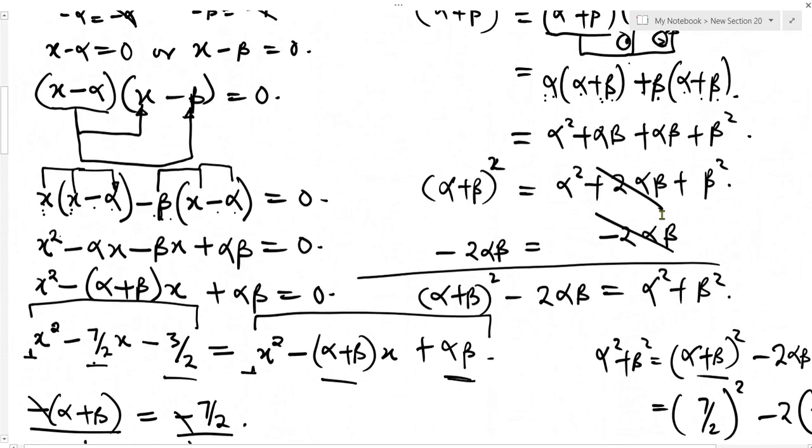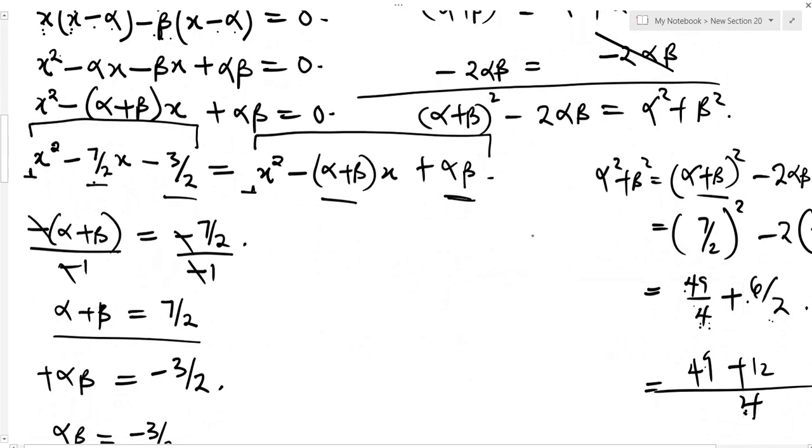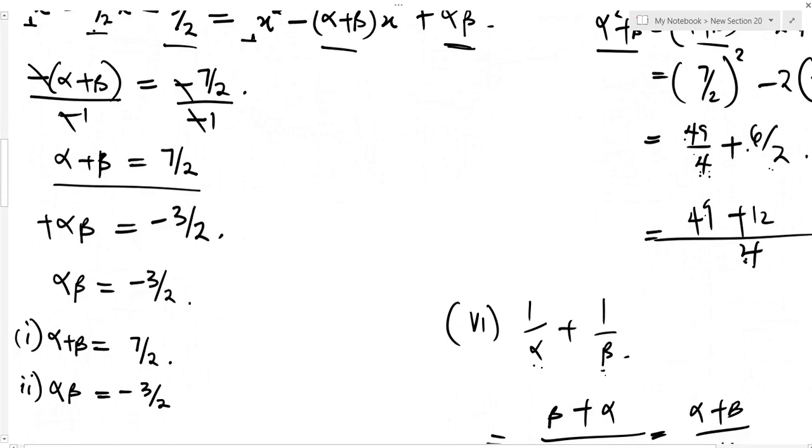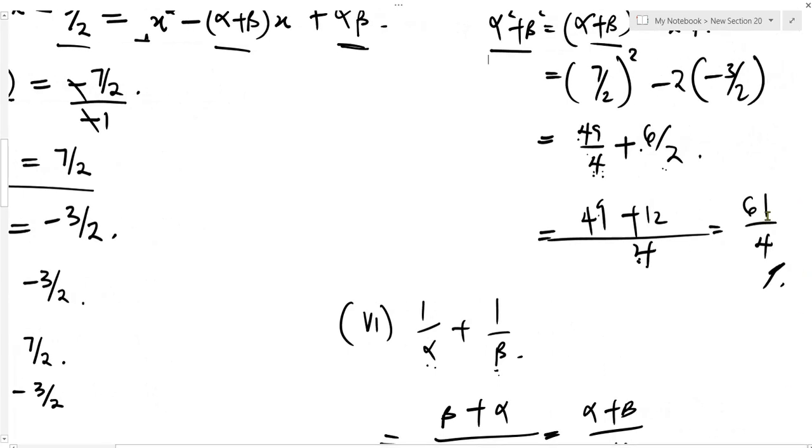Let's check it from our previous question. This is it. We finally got it to be 61 over 4.